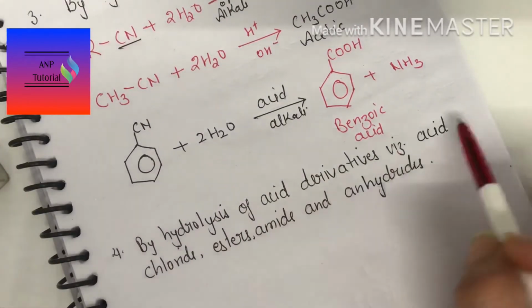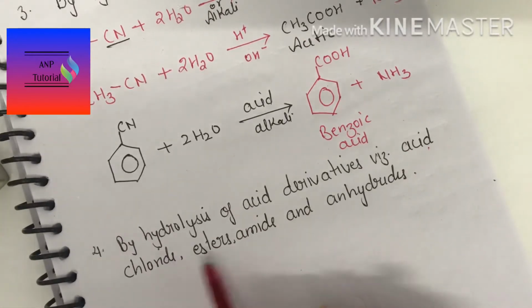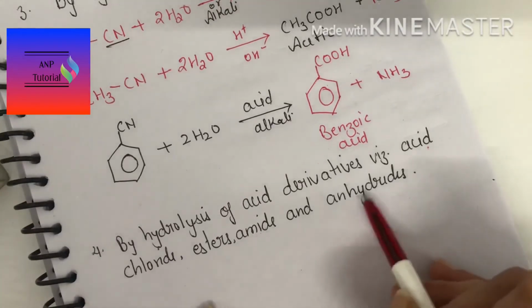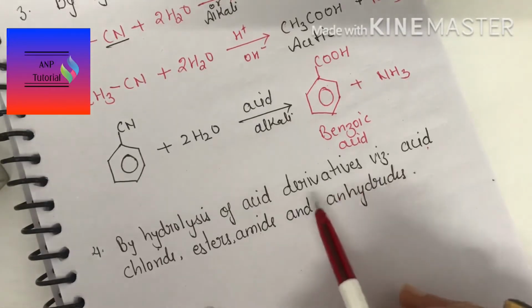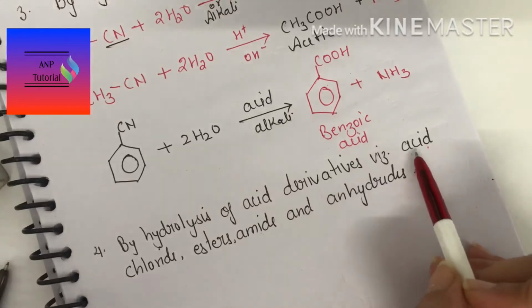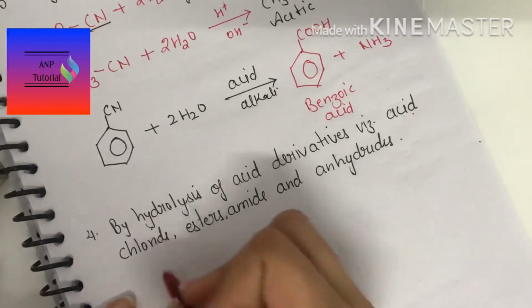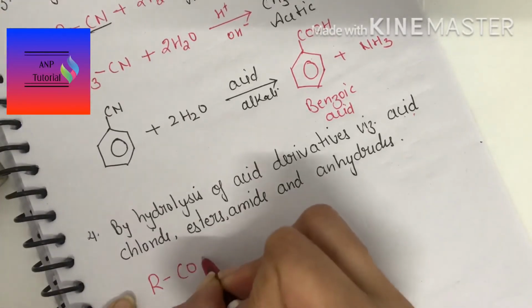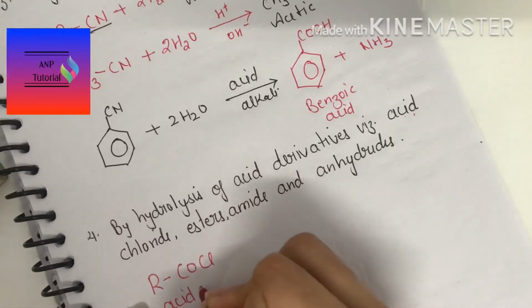Now the next method is hydrolysis of acid derivatives. Acid derivatives like acid chlorides, RCOCl; esters, RCOOR dash; amides, RCONH2; anhydrides, (RCO) twice O. Right. So I am taking the examples one by one. First I am taking the example of acid chloride, RCOCl.